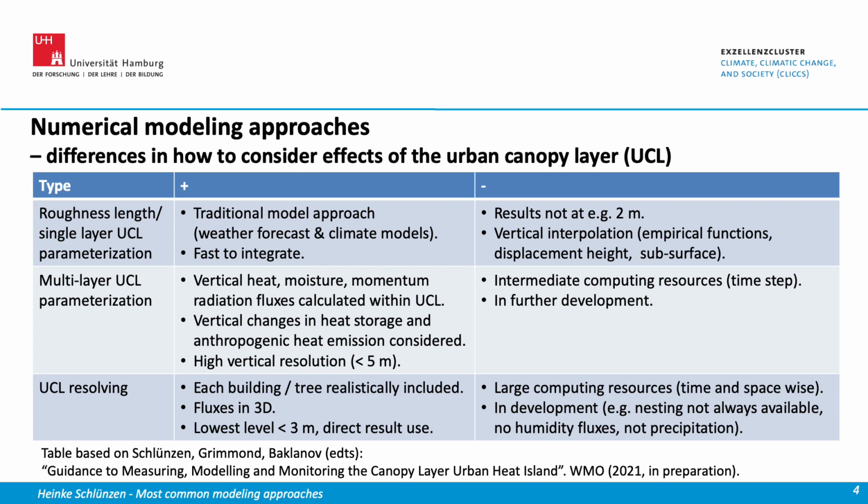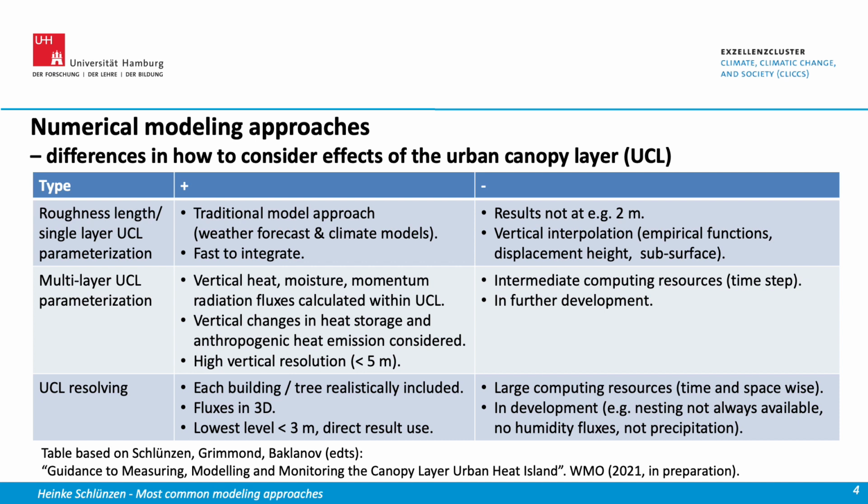Vertical resolution is intended to be below 5 meters, but these models are still in development, so not all models have this high resolution. You need larger computing resources than in the roughness length approach group, which makes them more expensive to use.